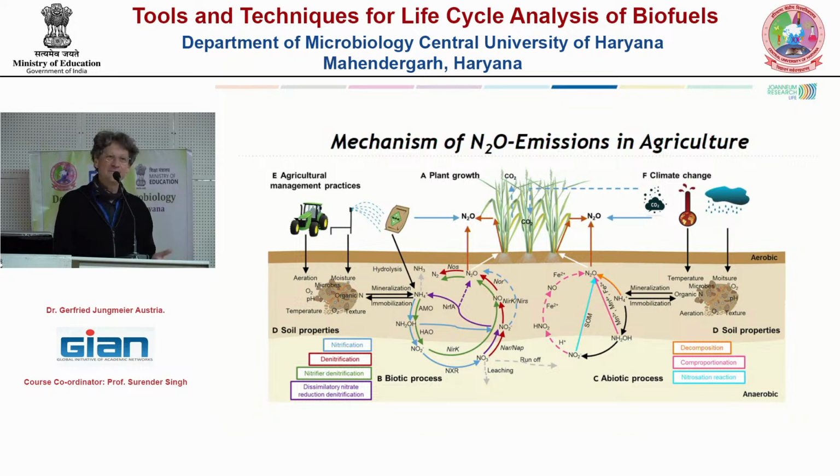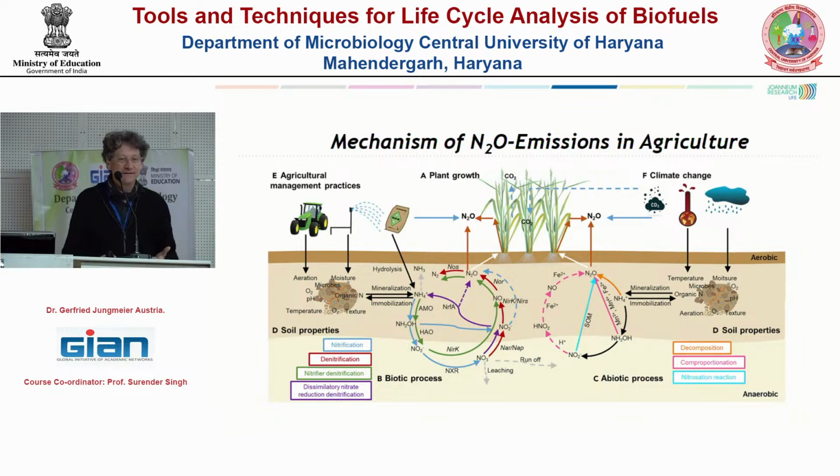You don't see them, you don't hear them, you don't smell them, but on the agricultural area, depending on the season and everything, but at least at the end of the year, between 2 and 5 kilograms of N2O is directly emitted on this piece of land. And the CO2 equivalent factor of N2O, I don't know if you remember, it's 300 times stronger than CO2.